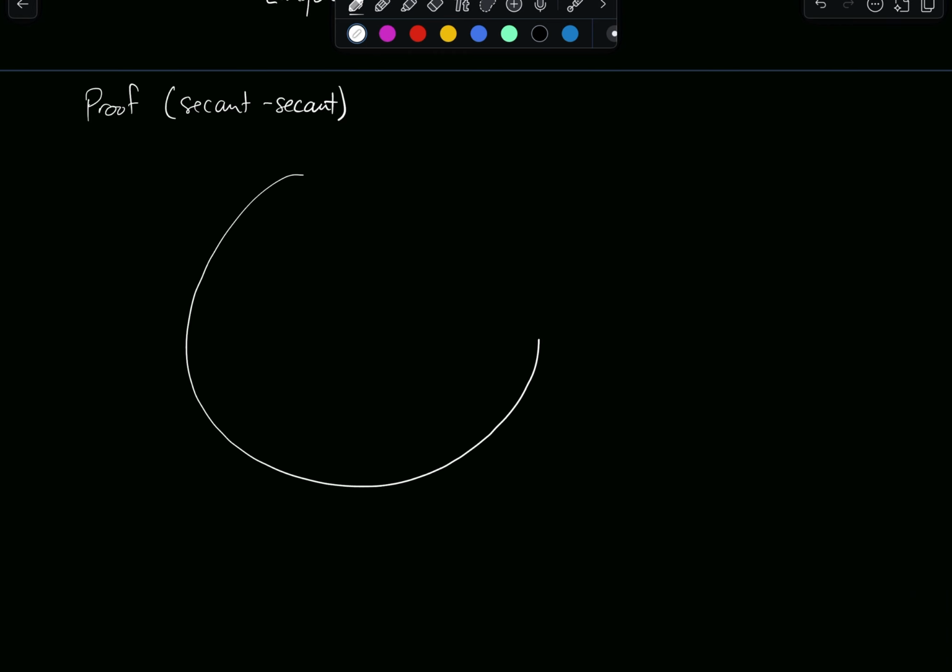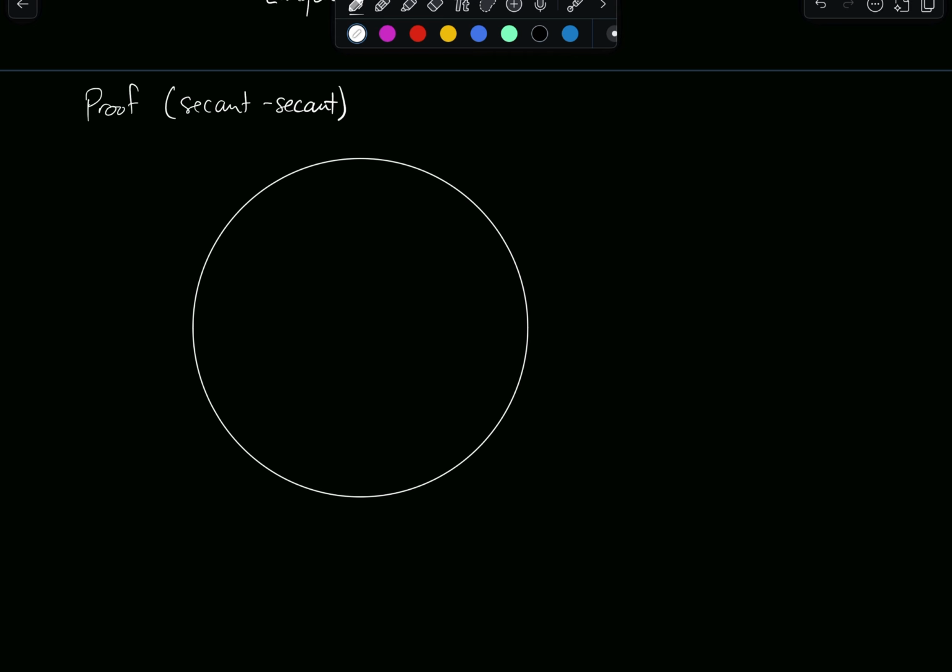So if I have a circle here, and let's just quickly draw two secants. And I'm going to label these.